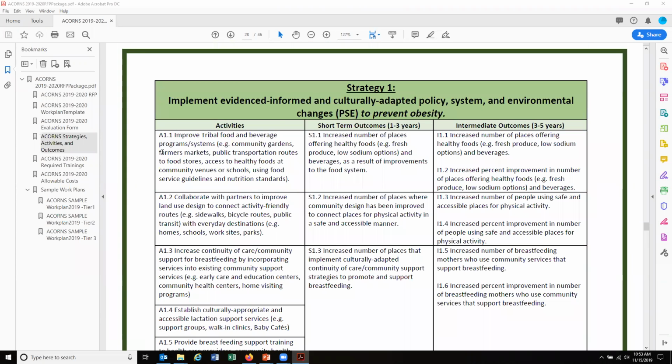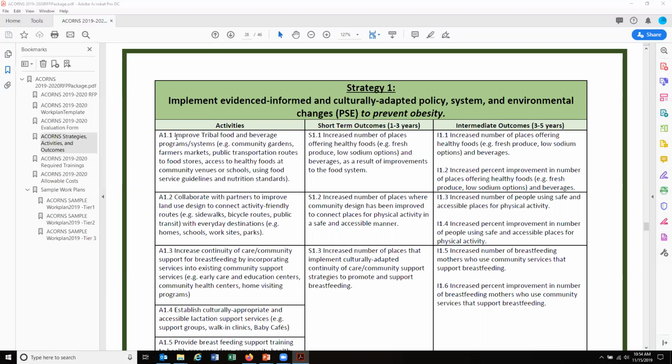These activities are very high level, meaning that they're broad. So the first one, for example, is improve tribal food and beverage programs and systems. So that can be implementing community gardens, establishing a farmer's market, creating public transportation routes to food stores, or increasing access to healthy foods at community venues or schools, or using service guidelines and nutrition standards, or implementing food policies.